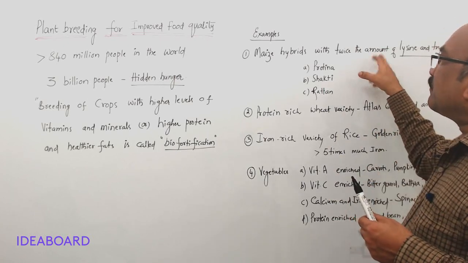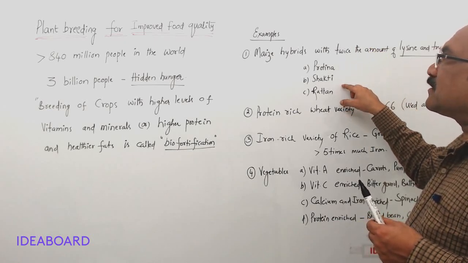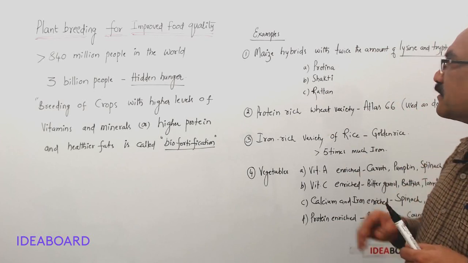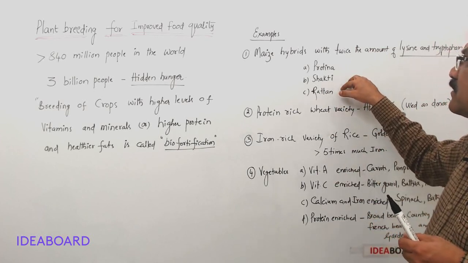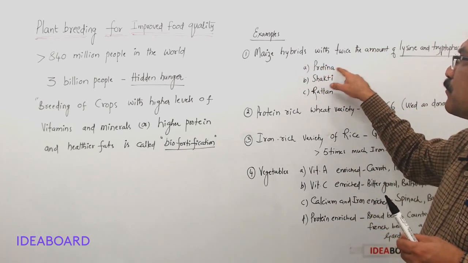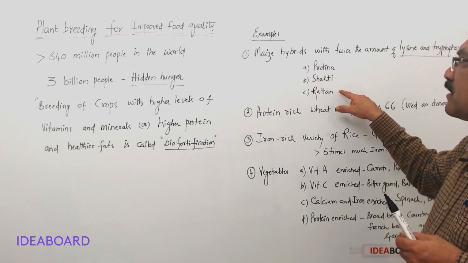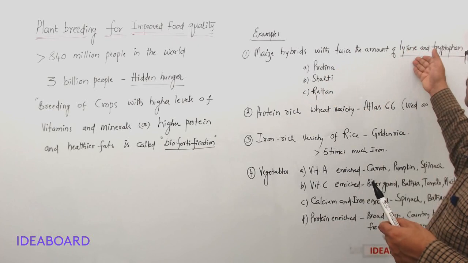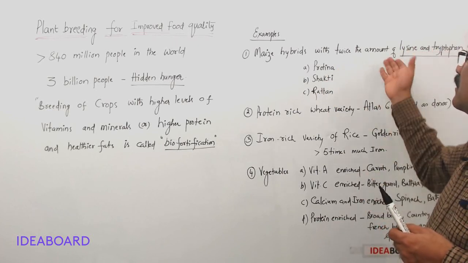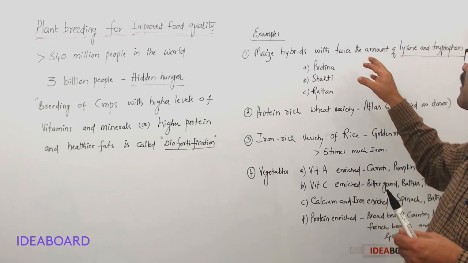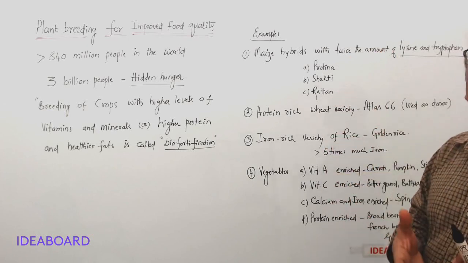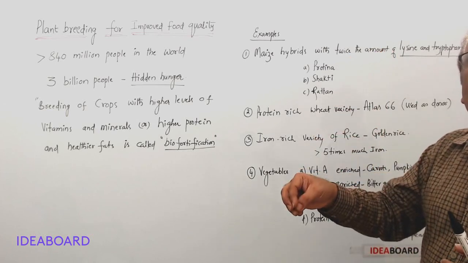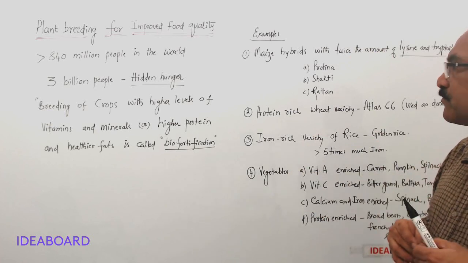And they have developed these three varieties, and these three have been released into the market. And remember, these three maize hybrids are Proteina, Shakti, and Ratan. These are rich in lysine and tryptophan, and the amount of lysine and tryptophan is twice the amount that we find among the existing varieties.